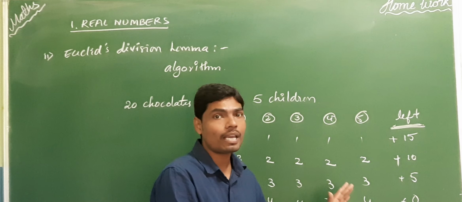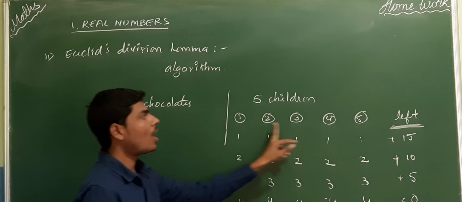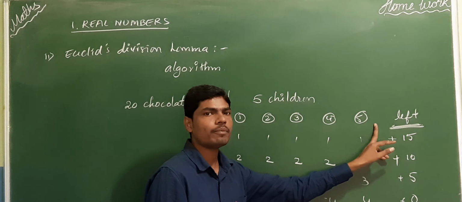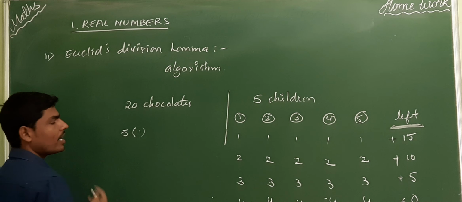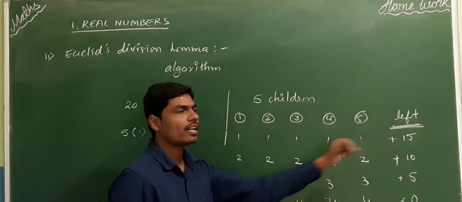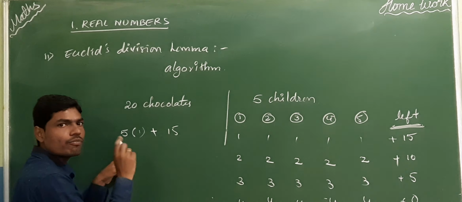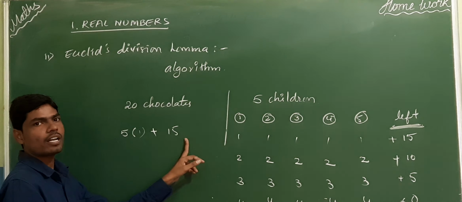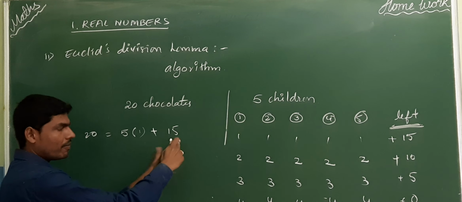This is applicable to Euclid's division lemma. How are we taking the total? How many persons are here? 5. That is 5 into 1, plus how many chocolates are left? 15. For 5 persons I distributed 1 chocolate each, 15 are left, and the total is 20.